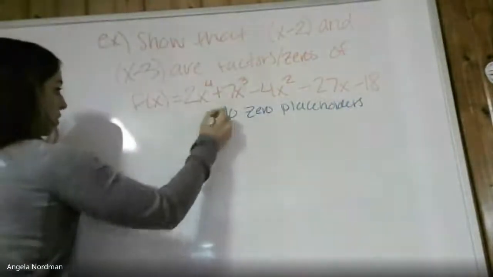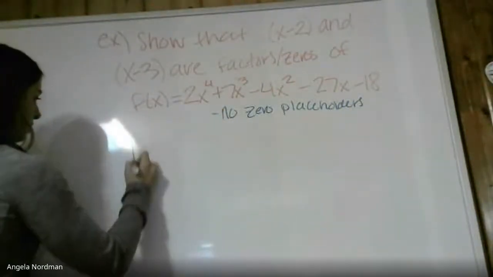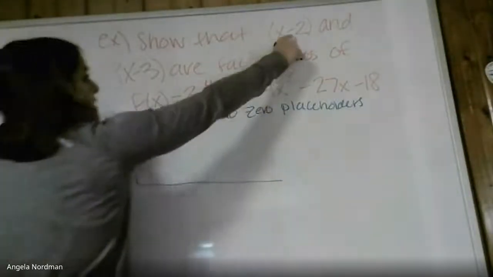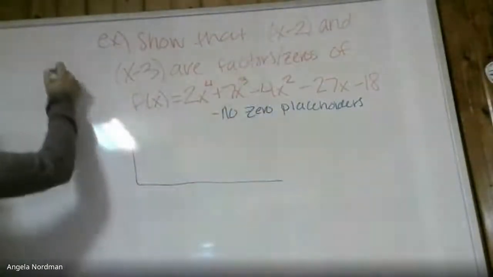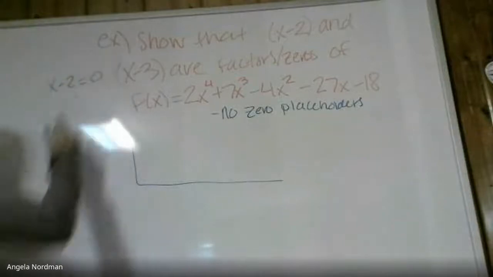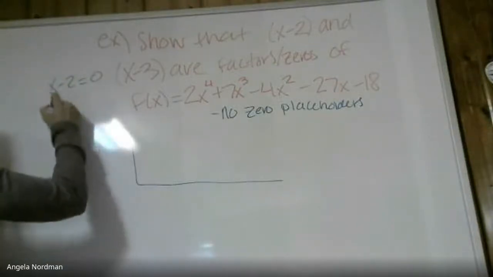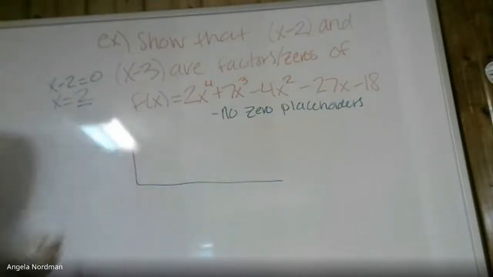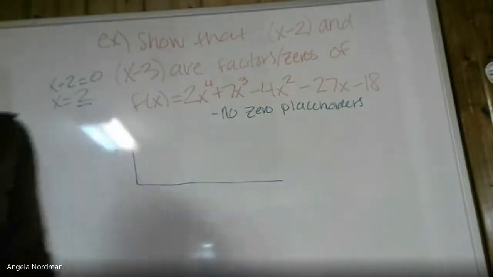Okay, I'm good there. So I'm going to go ahead and set up the synthetic division bar. If I want to test that x minus 2 is a factor, I have to set that equal to 0 and solve for x. So 2 is what goes on the outside of the synthetic division.